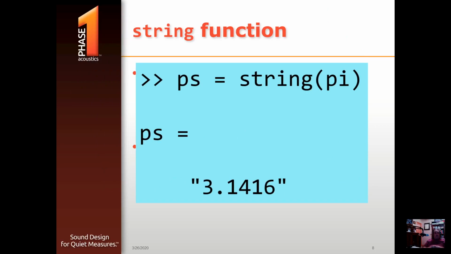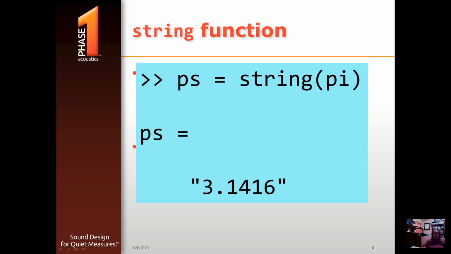So ps is assigned to a string, calling the string function, passing in the input argument pi, and now notice 3.1416 is enclosed in double quotations. ps is a string. It is no longer a numerical value.